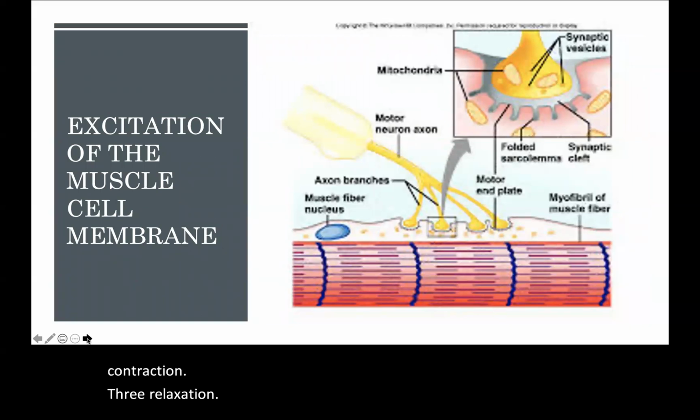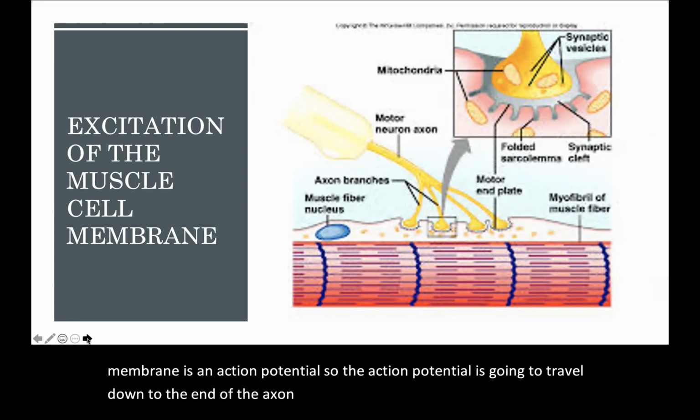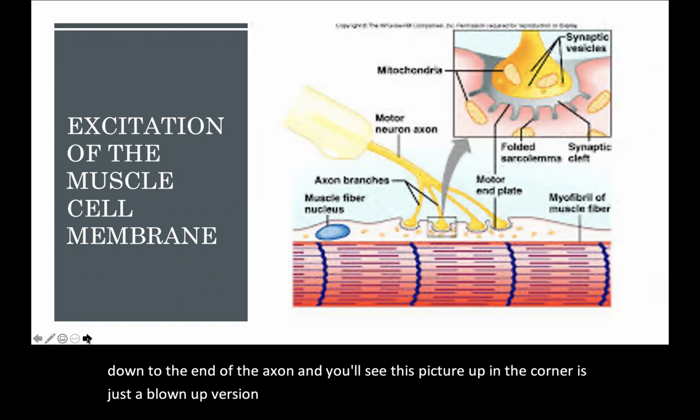The first thing that has to happen for excitation of the muscle cell membrane is an action potential. So the action potential is going to travel down to the end of the axon, and you'll see this picture up in the corner is just a blown up version of one of these synaptic knobs.